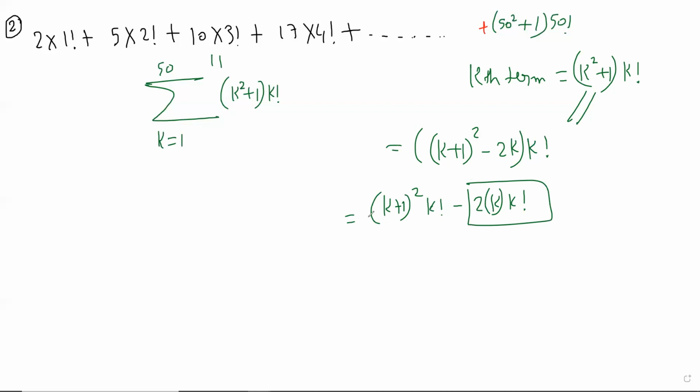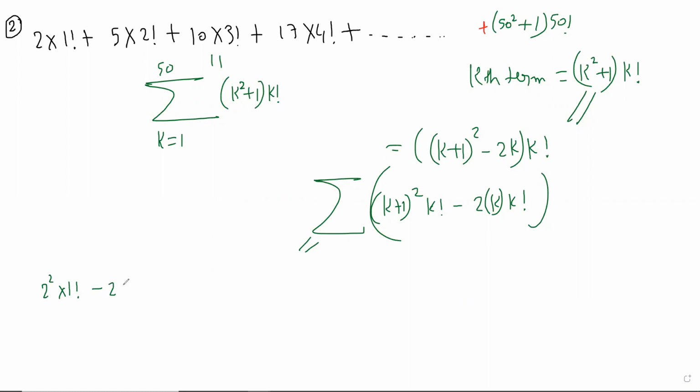If you want to sum this whole thing, just to expand it, what it will look like is we will have 2 square times 1 factorial minus 2 times 1 times 1 factorial plus, put k equal to 2, you get 3 square times 2 factorial minus 2 times, the 2 times will always come.